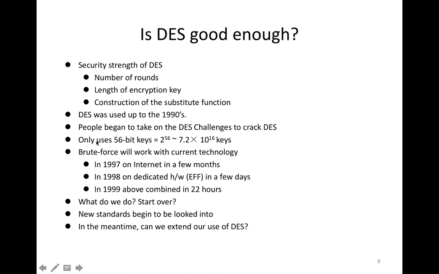As we said, the actual key length is 56 bits, so altogether you have this many possible keys. The brute force attack was applied by building special purpose computers to brute force attack DES.